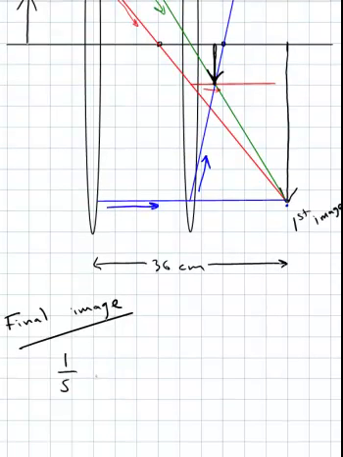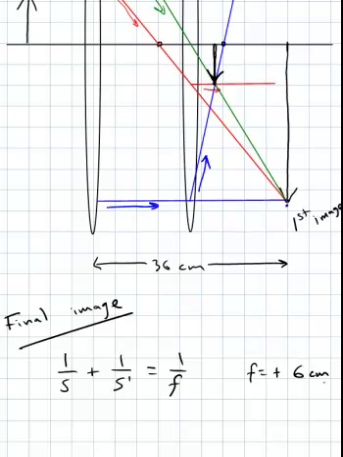We have our equation, 1 over our object distance plus 1 over our image distance is 1 over the focal length. The focal length, we're now using the second lens. It's a converging lens, so it's positive, and 6 centimeters was given as the focal length. Our object distance is negative 18 centimeters because our object is 18 centimeters on the right of the lens.